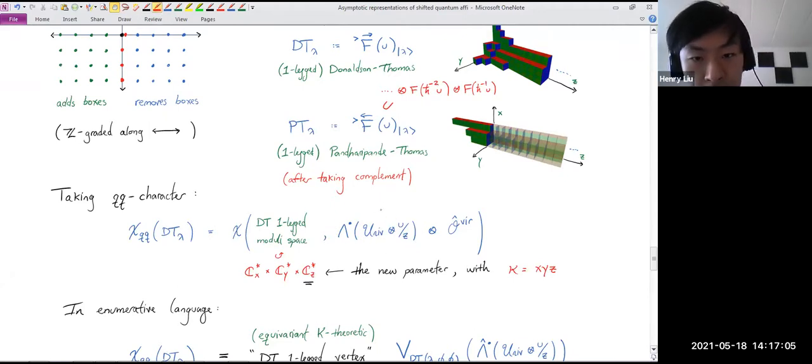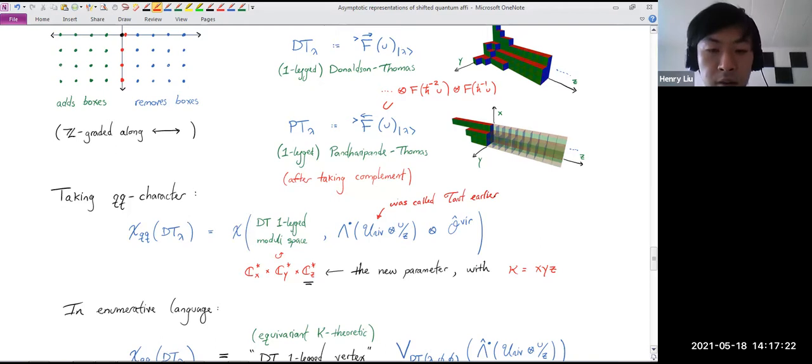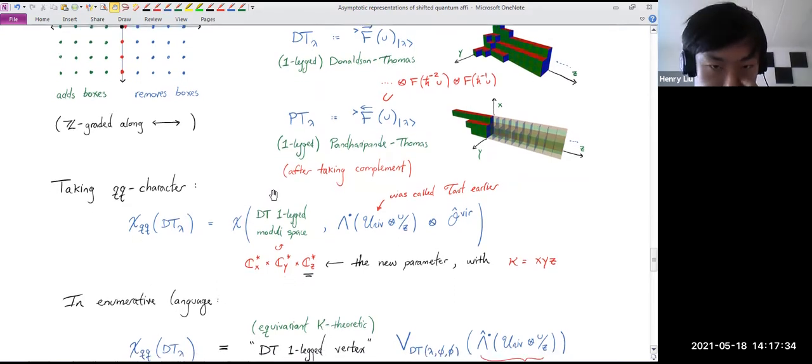This univ here is what was called tau earlier, but in the context of the moduli space associated to Donaldson-Thomas theory, it's more like the universal bundle associated to the fine moduli space.